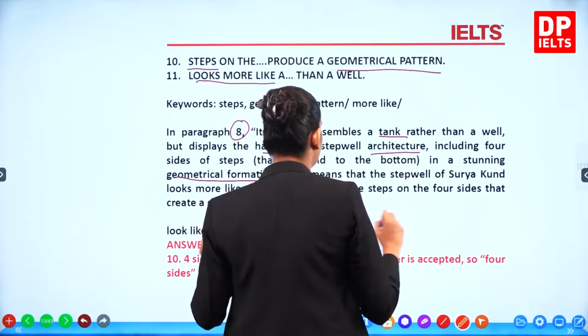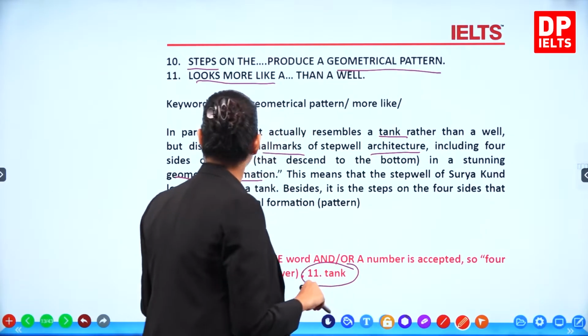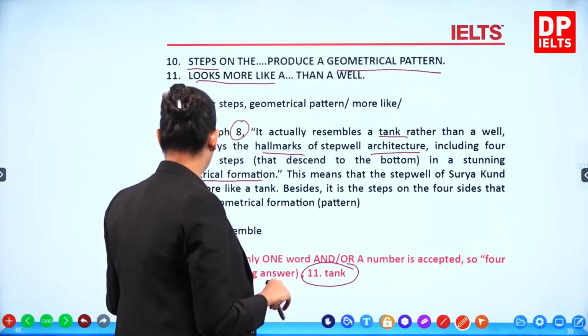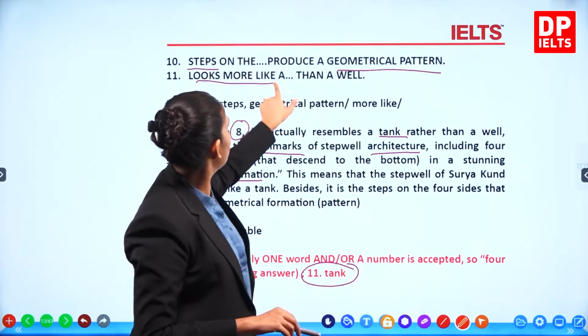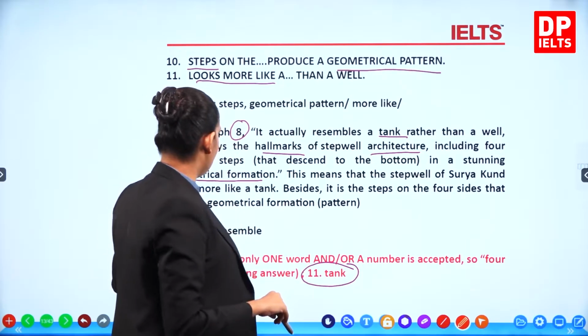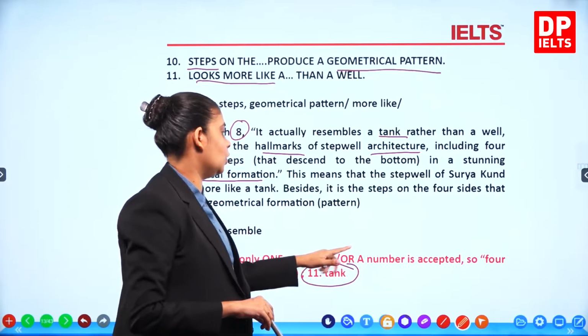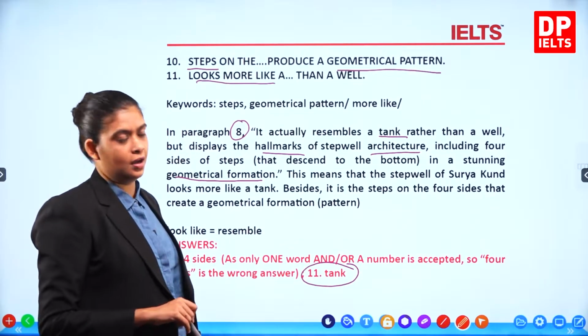Besides it, the steps on the 4 sides create a geometrical formation. So, steps on the 4 sides produce a geometrical pattern. 4 sides, as only one word and/or a number is accepted, is a wrong answer.